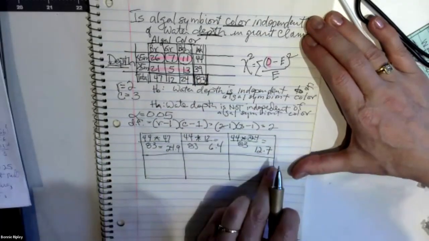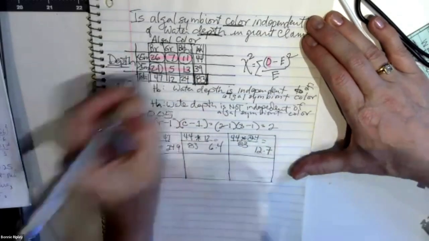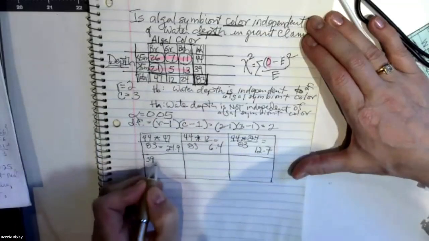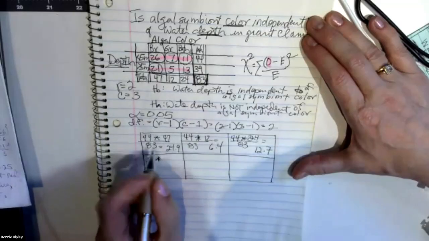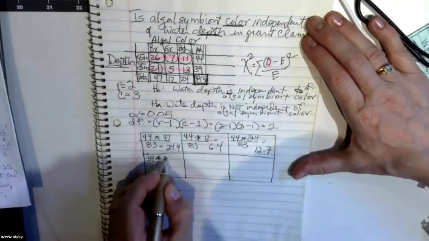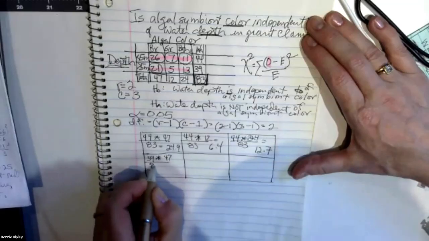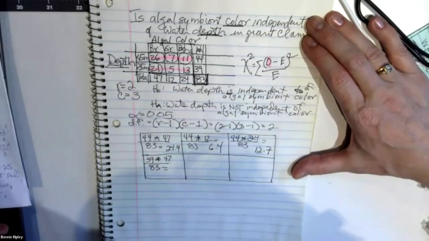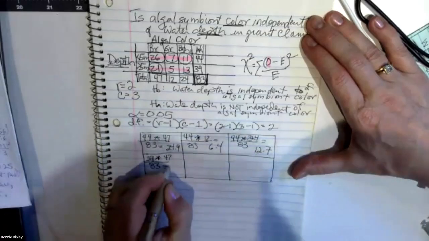Now I'm in the second row, so I'm going to have 39 as my row total times 47 divided by 83, and that equals 22.1.